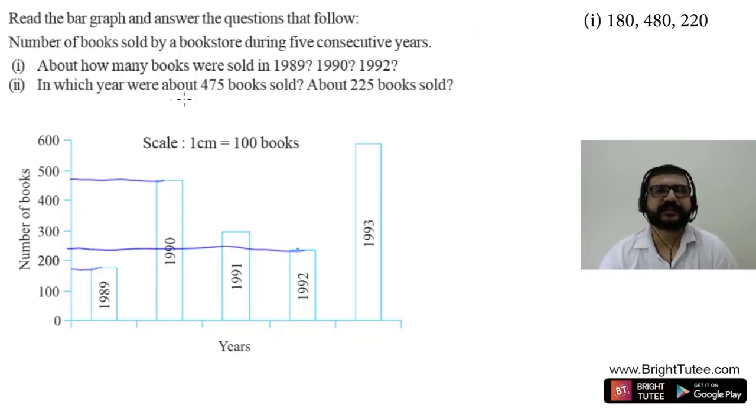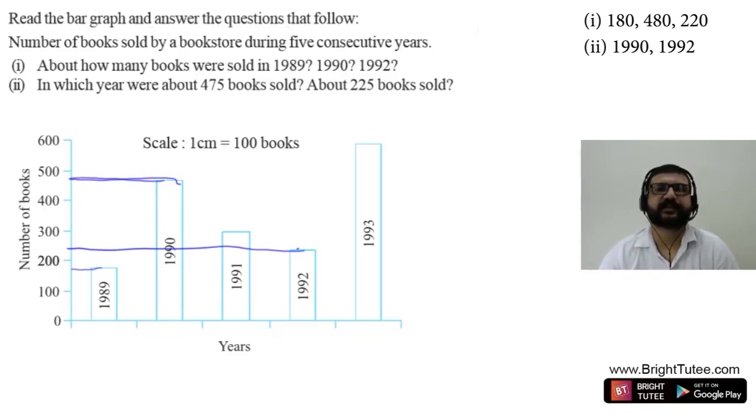Now the second question is, in which year were about 475 books sold? So 475 books were sold in the year 1990, as we can see here from the bar graph.